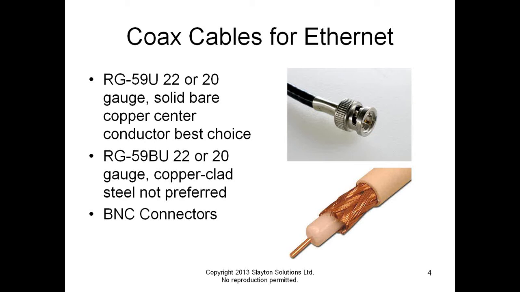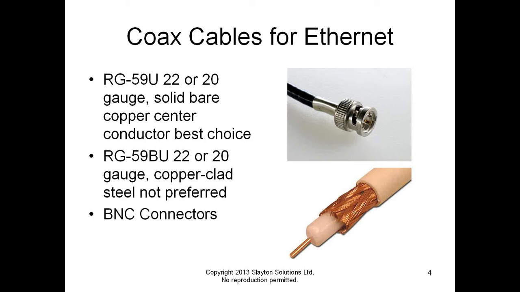Now, the most common types of coax used in our industry are the RG59U or the RG59BU. Now this is where it's a little tricky, because RG59, based on the vendor and who made the cable, can have either a 22 or a 20 gauge center conductor.